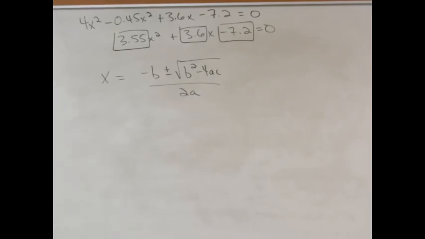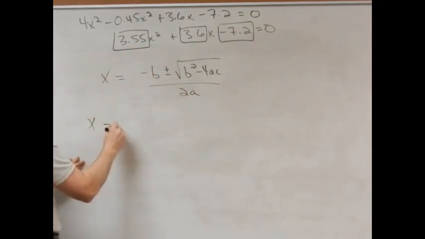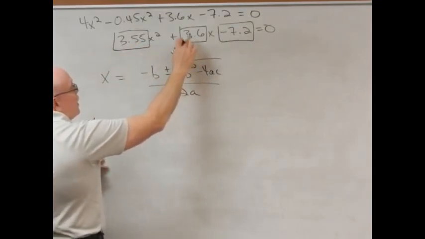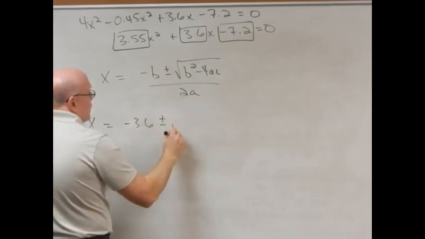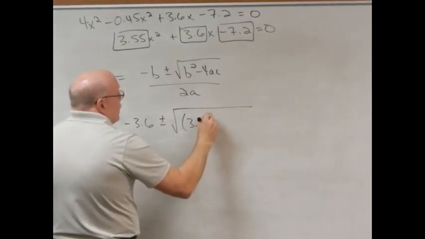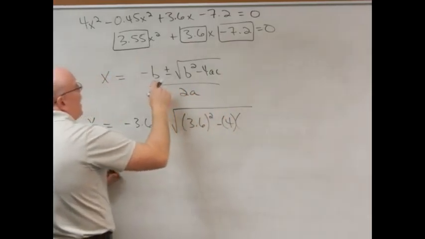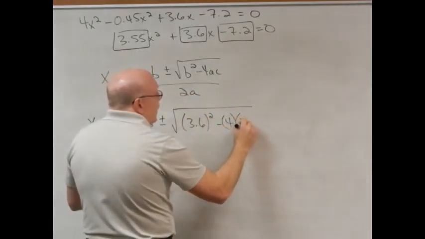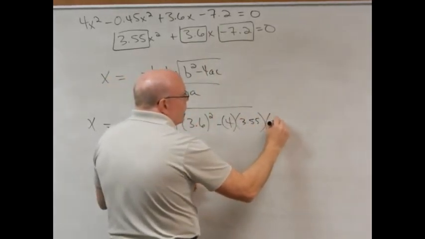So we plug into this expression the values we have here. Negative of b. Well, b is 3.6. Negative 3.6 plus or minus the square root of b squared, 3.6 squared, minus 4 times a, 3.55, times c. This is where it matters.